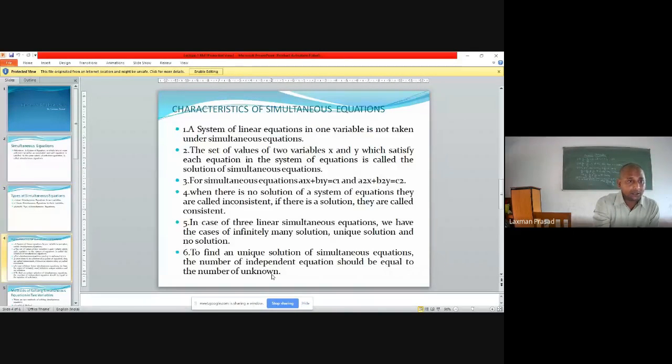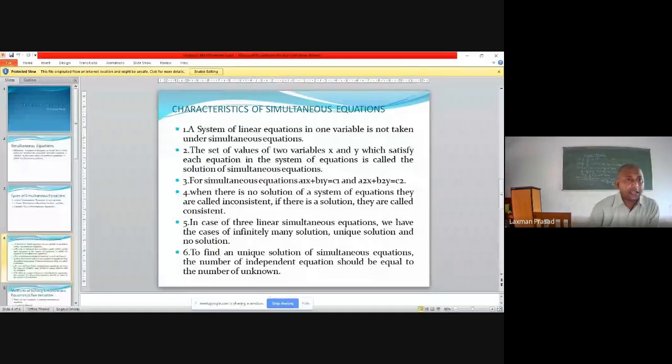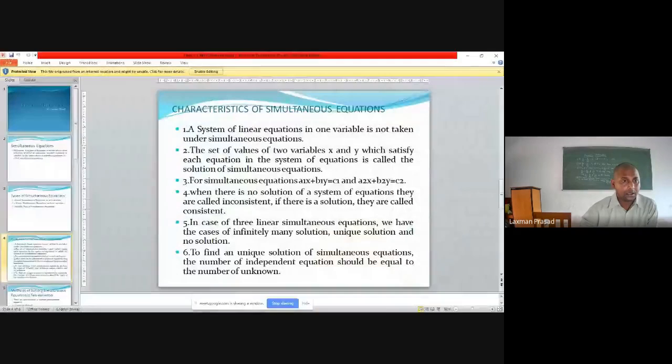The next, characteristics of simultaneous equation. See, a system of linear equations with only one variable is not taken under simultaneous equation.